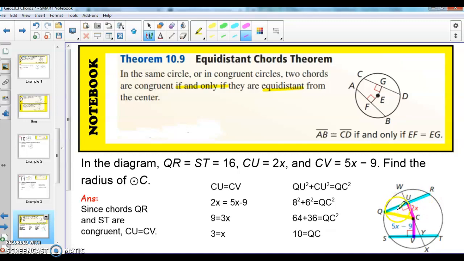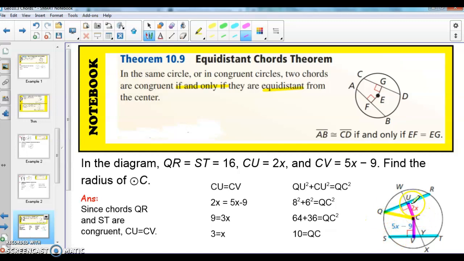So using the Pythagorean theorem, this is 6 squared, this is 8 squared, it's equal to the square of the radius. In this case, QC is the radius that we're looking for. Now, you may also use another triangle here at the bottom, depending on which one you prefer, but either way you'll get the same answer because the radii are congruent from the center to any point on the circle.